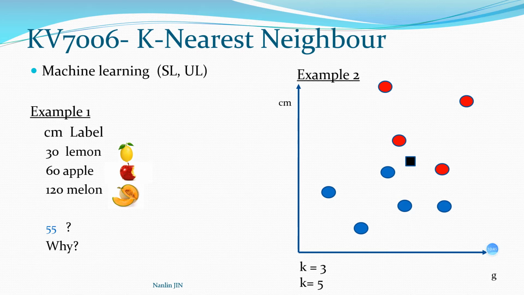Now if we think k equals 5, we don't have 5 for red at the moment. So you can see, depending on the k value, sometimes if they are on the border, the k value changes and they are probably classified into different classes.